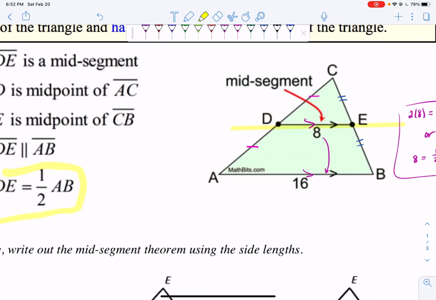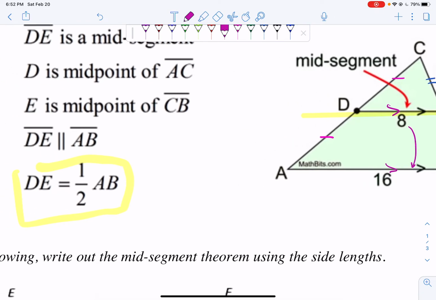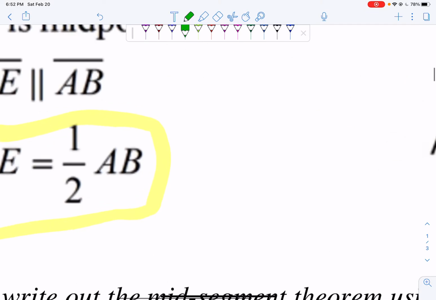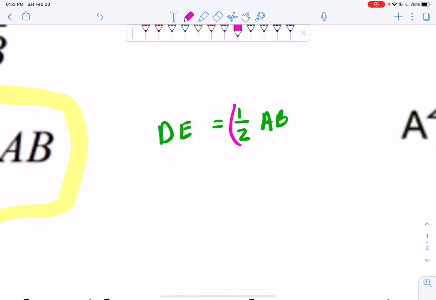So another way you can write this is 2 times DE is equal to AB, because if you want, you could multiply. I'll rewrite this equation. So if we know that DE equals 1/2 AB, and we want to get rid of this divide by 2, we're going to multiply both sides of our equation by 2.